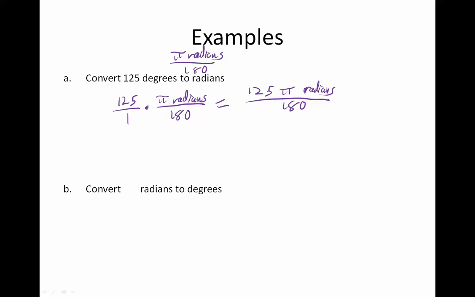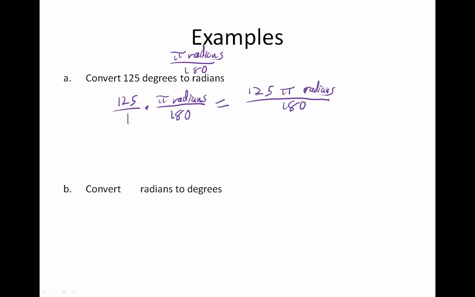And then at this point, all you really need to do is reduce the fraction. So here we have 125 and 180. We need to look at that and find the largest number that goes into each of them, or just as close as we can get. So let's do 5, right? Since they both end in 5 and 0.